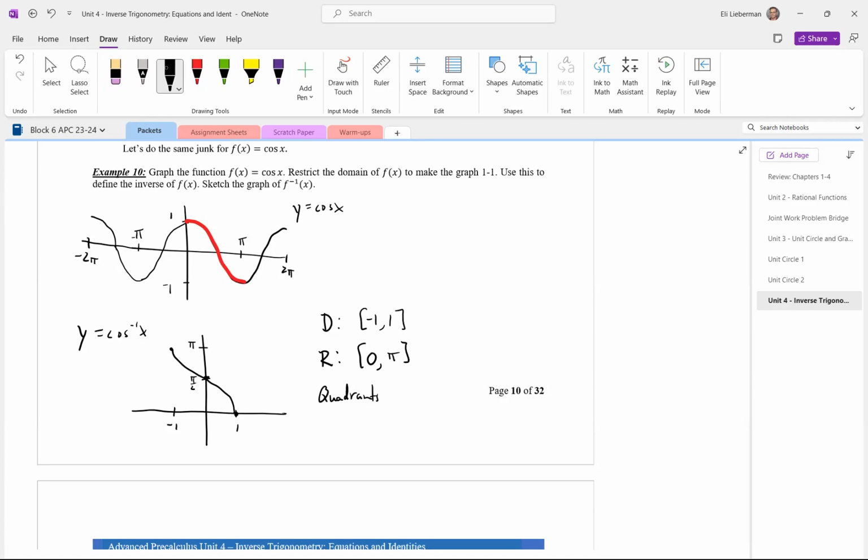Can you please show me the quadrants that we're dealing with here? Quadrants 1 and 2. It's here to here, is that right? Because we're going from 0 to pi. Literally, the first 2 quadrants.